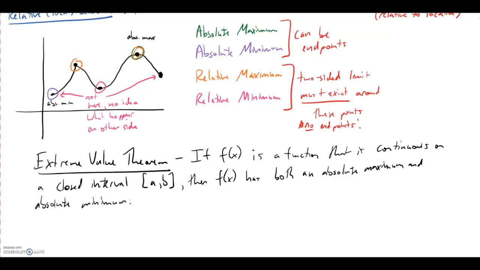If I make something that is continuous with defined endpoints, it will have an absolute highest point and an absolute lowest point. Even if the function's constant, that just means it's either all an absolute maximum or all an absolute minimum.